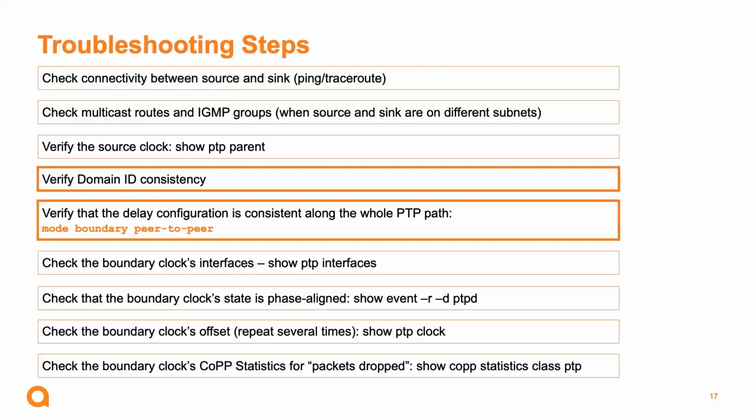So you have to make sure that you check what is the default domain ID for your profile, and then that you configure that consistently across your whole PTP network. The rest of these verification and troubleshooting steps are the same that we had in the past.